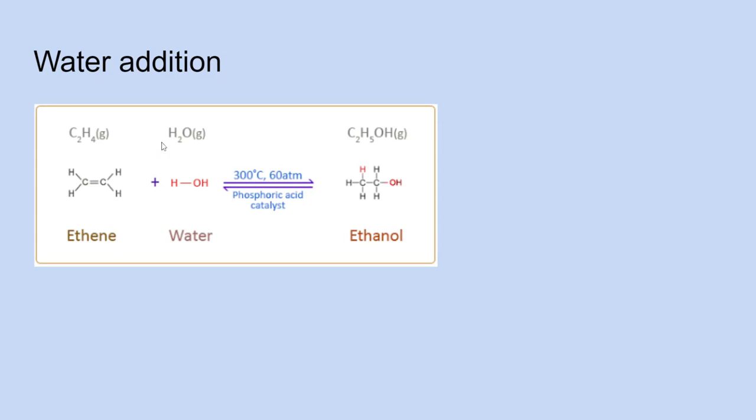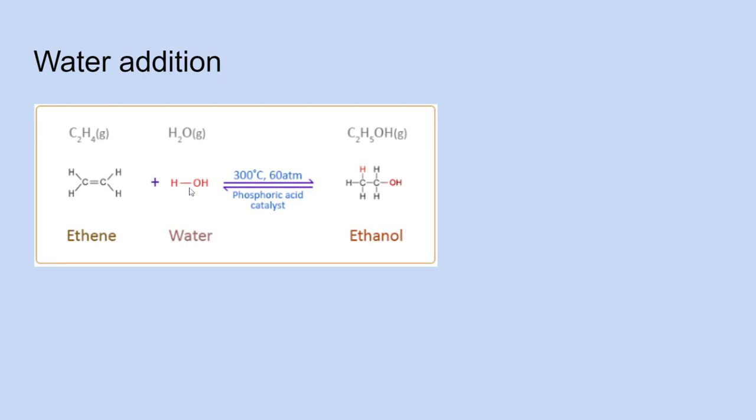Okay, so water is going to be added in exactly the same way. Both sides of the double bond in the previous example gained a hydrogen. For water, it's slightly different. So in this example, we have ethene, so 2 carbons, our first alkene, and we have water.